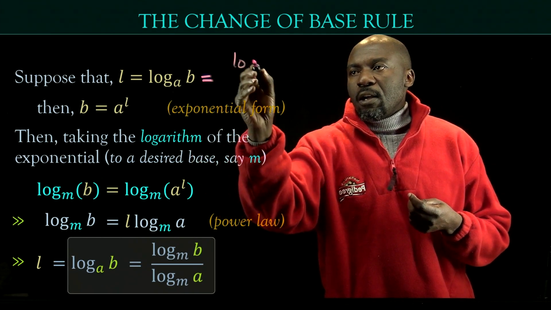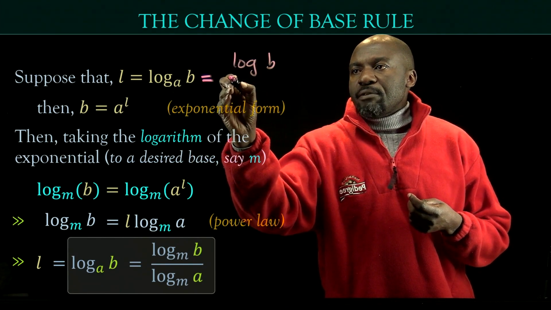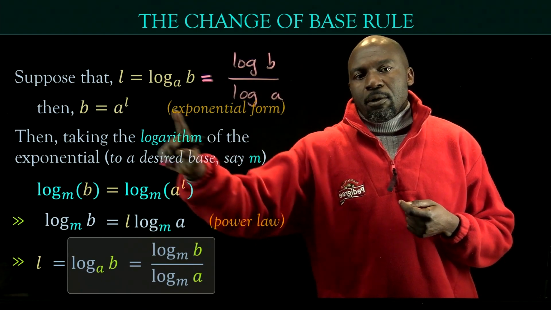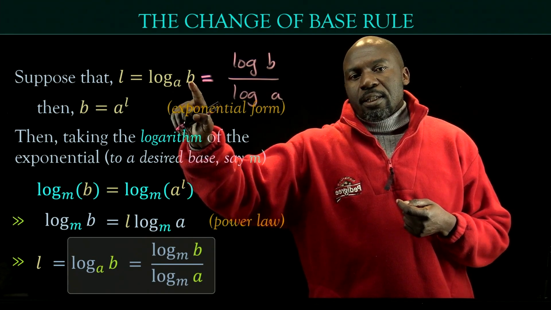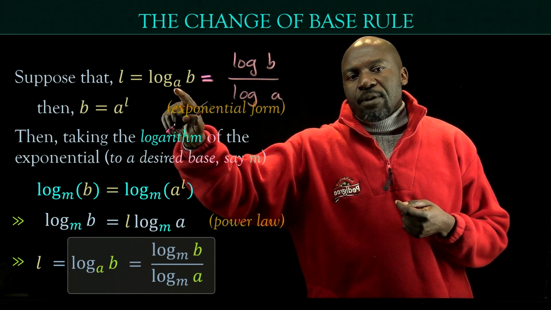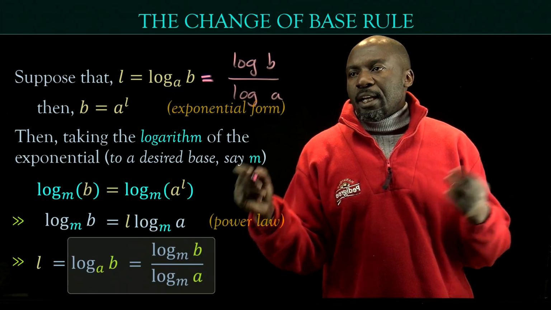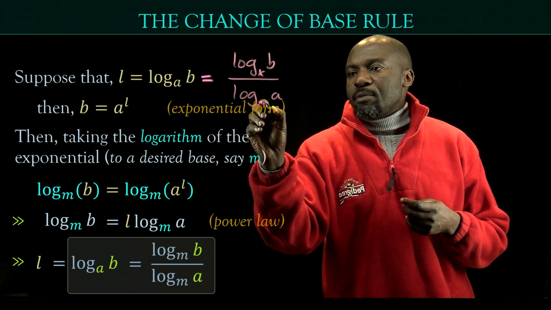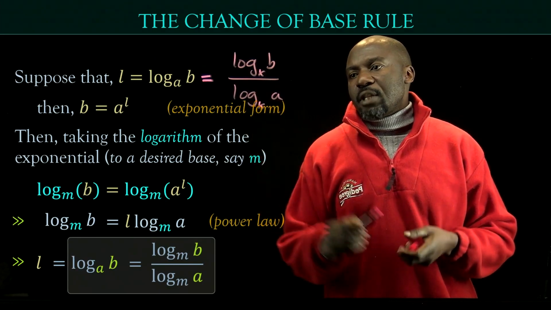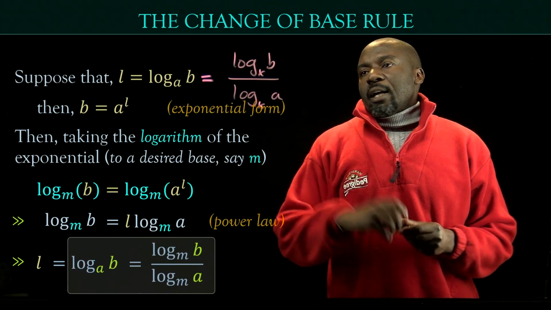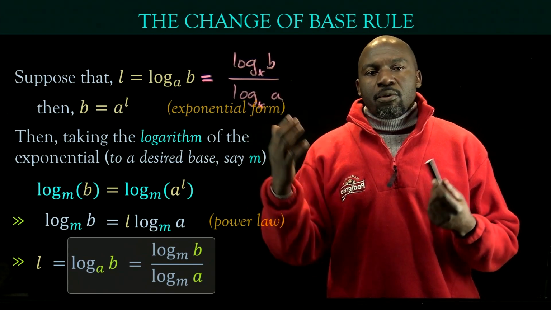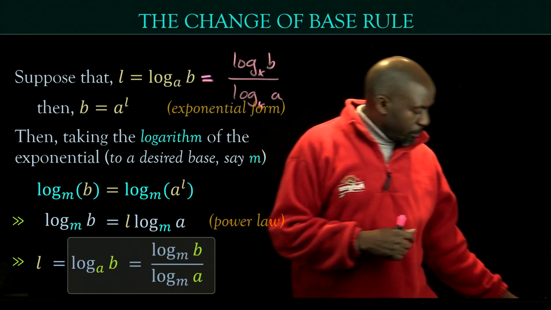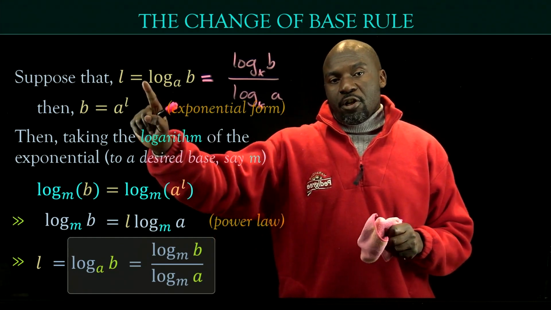So I'll take log of b and divide that by log of its base, which was a. I can choose whatever base I like. I can say base k, then it's base k at the bottom. So I've changed everything to base k, right? K could be anything, can be a 2, can be a 3, whatever you like. You have changed the base of the original log.